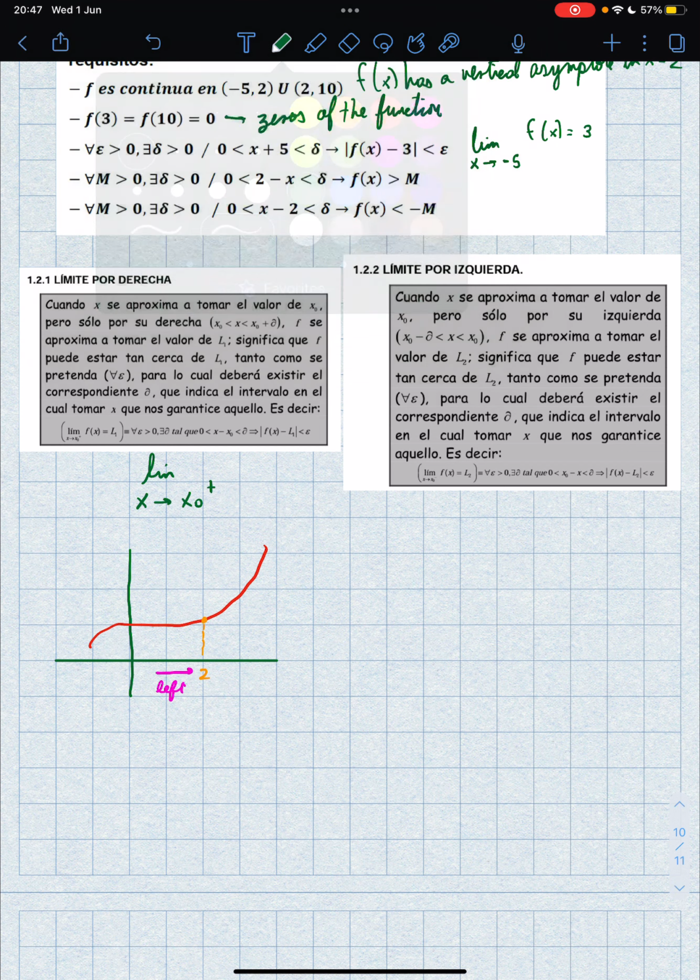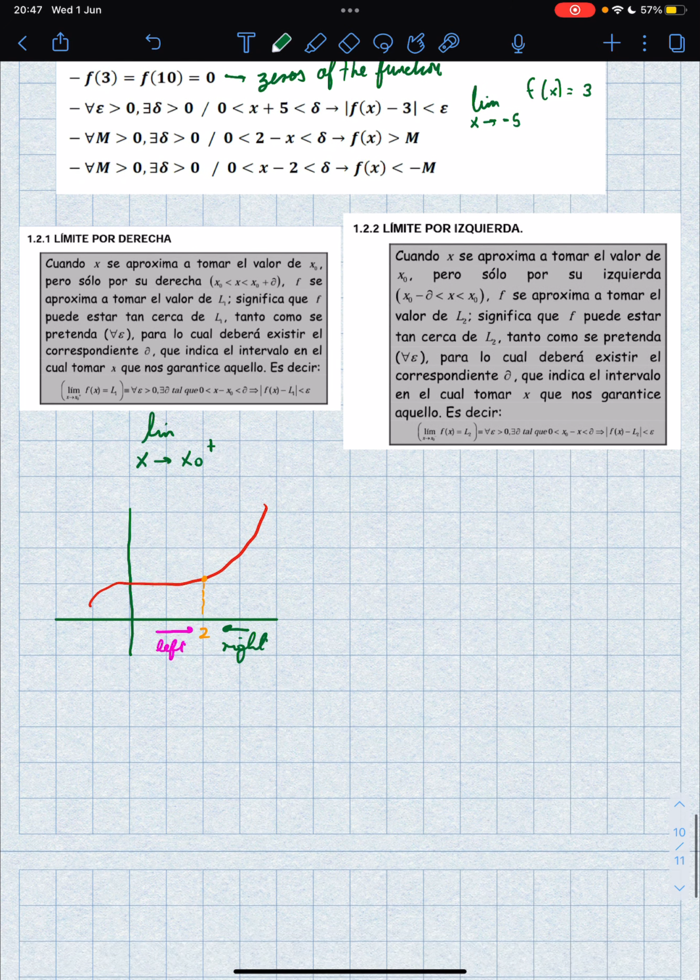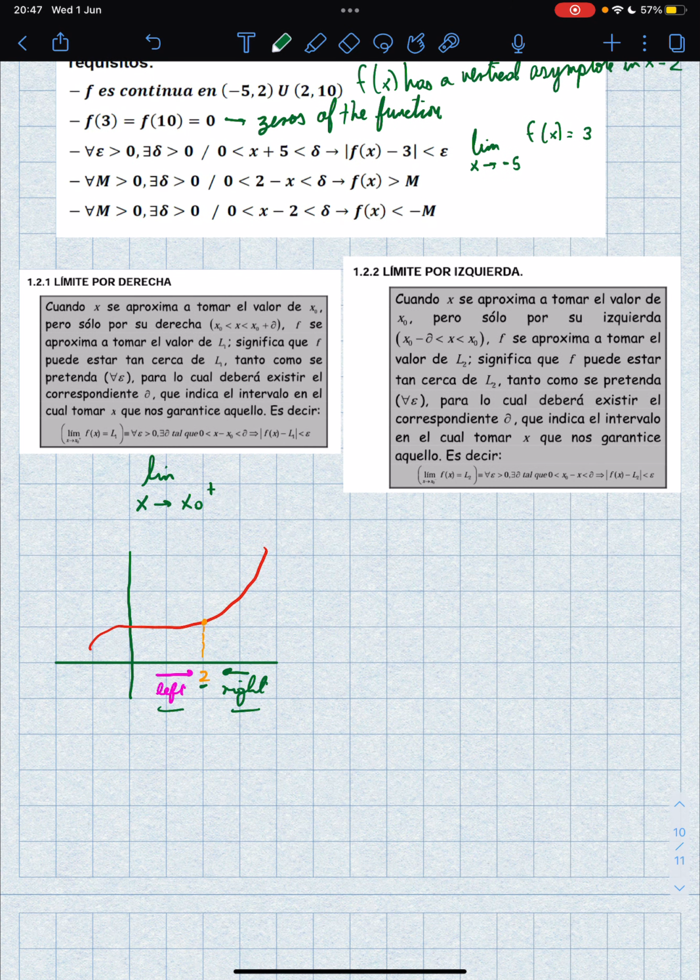And right means you're approaching this way, okay? For a limit to exist, as I told you, the limit from the left and the limit from the right need to be equal. Therefore, the limit when x goes to 2 exists. Okay, perfect.